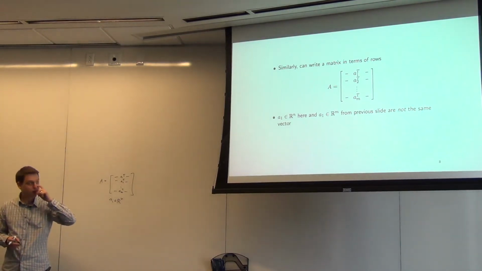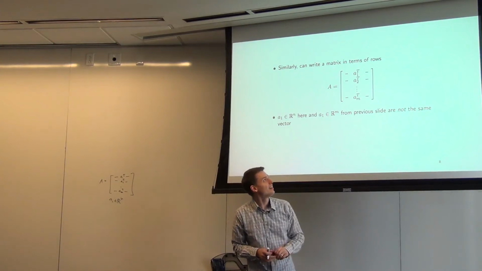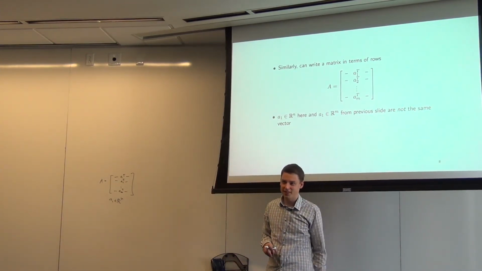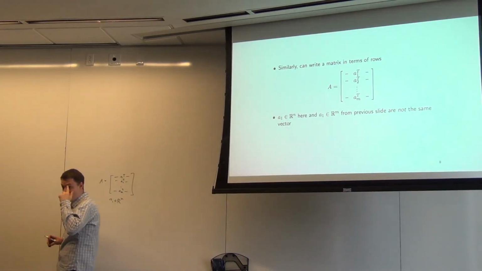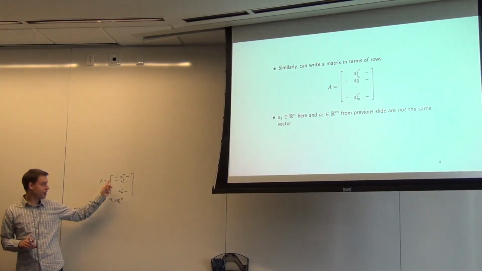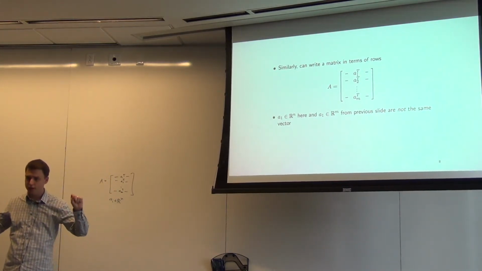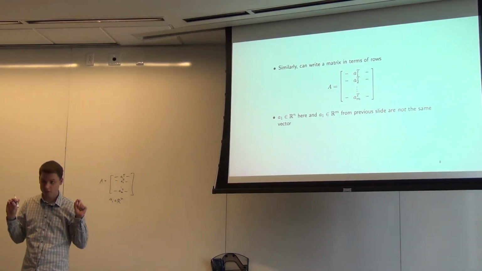The last thing is that these A's are not the same as in the previous slide. They're not even the same size. These A's here are the rows as vectors, so they are n-dimensional.